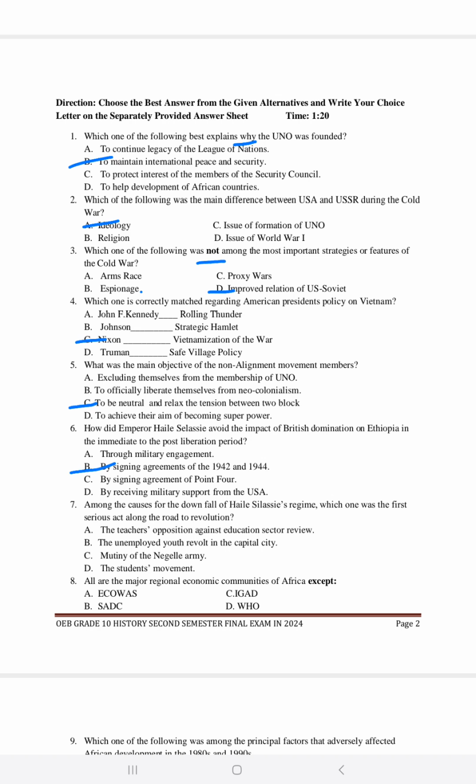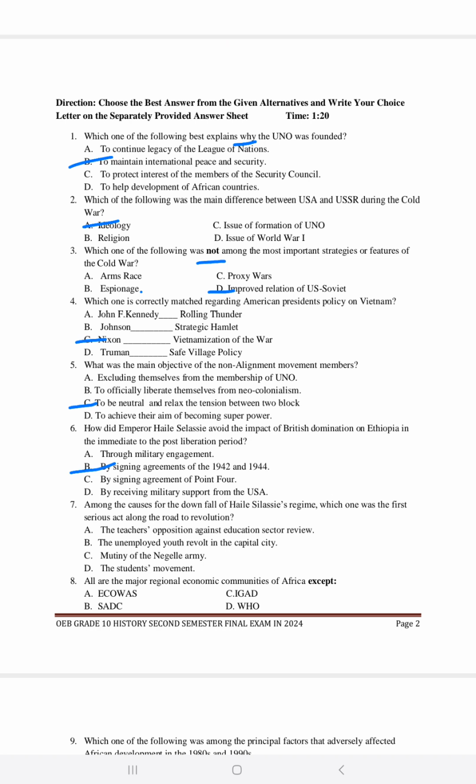Question number 7. Among the causes for the downfall of the Haile Selassie regime, which one was the first serious act along the road to revolution? A. The teachers' opposition against the educational sector review.